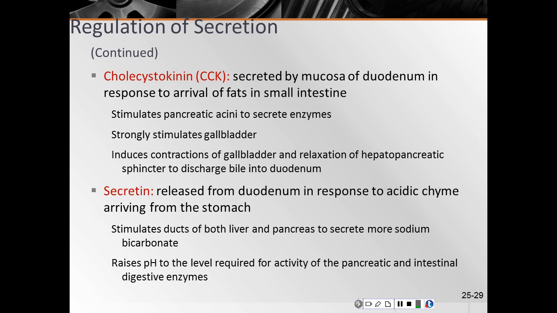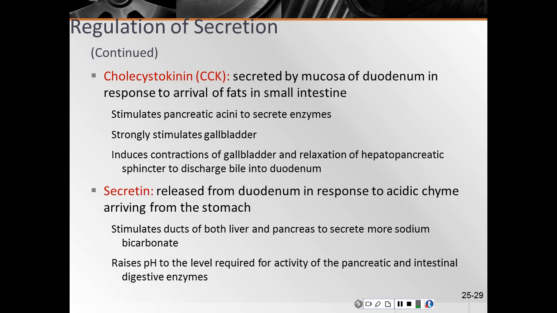It stimulates the pancreatic acini to secrete their enzymes, and it has a strong stimulatory effect on the gallbladder, from which it gets its name. It induces contractions of the gallbladder and relaxation of the hepatopancreatic sphincter.